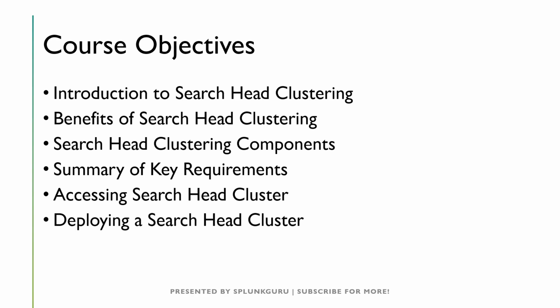Artifacts means whatever saved searches you create in your Splunk search head, right? So in search head clustering, we will see how we can keep multiple copies of those artifacts. In case we lose access to one of the search head members, we still have our searches saved and our scheduled jobs running without any issues, right?